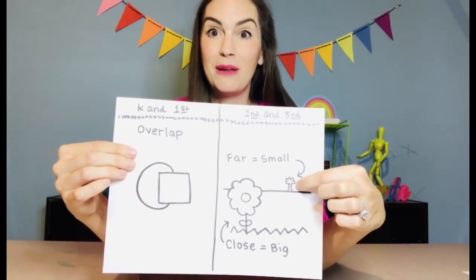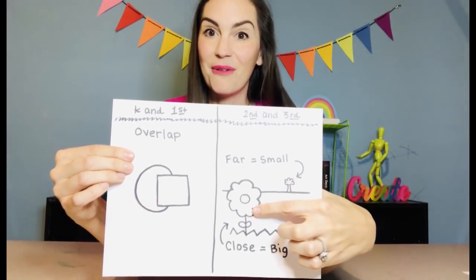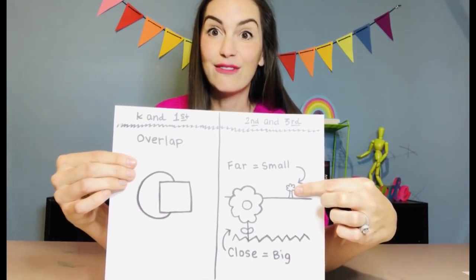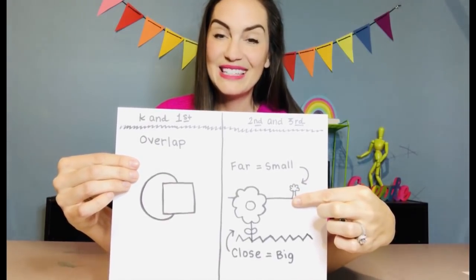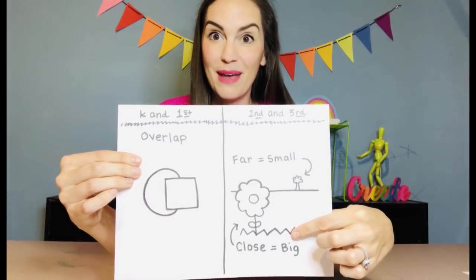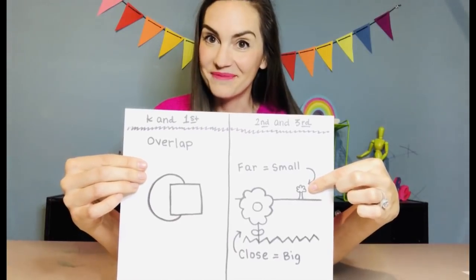The tree would be very big compared to a flower. But this flower is close to us. This tree is far away, and so the artist is able to create space by drawing things close to you very big, and things that are far away from you very small.